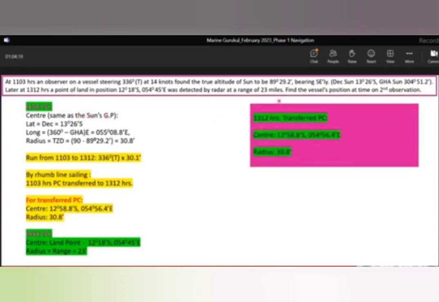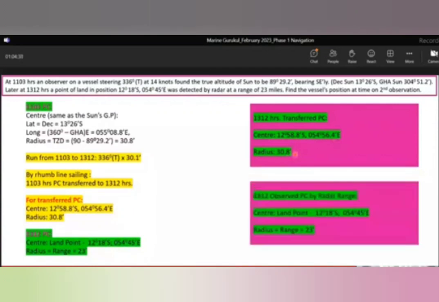One position circle shall be the transferred position circle: the first position circle transferred to 1312 with the center in 12 degrees 58.8 minutes south, 054 degrees 56.4 minutes east, and radius of 30.8 miles. The second position circle will be the observed position circle for 1312 with center as the point on land and radius as the radar range of 23 miles.